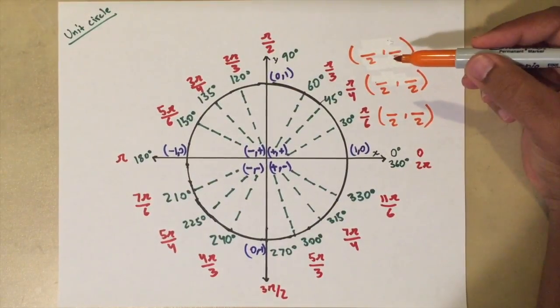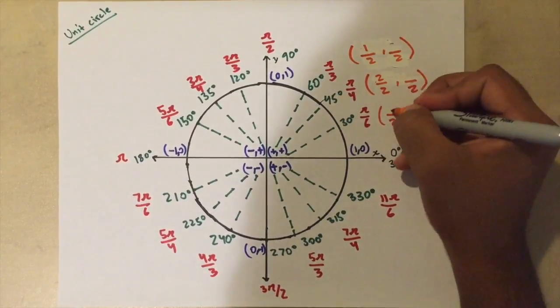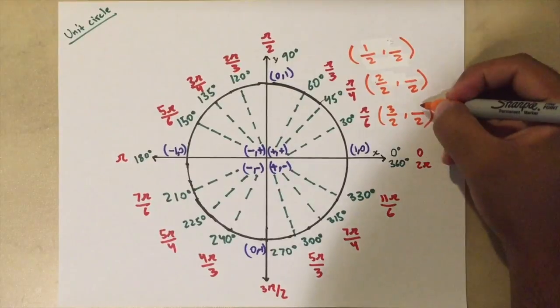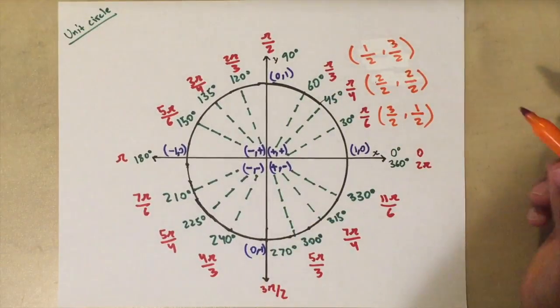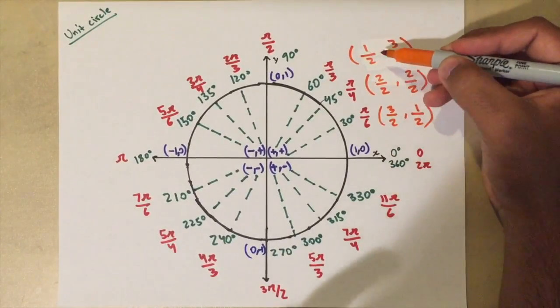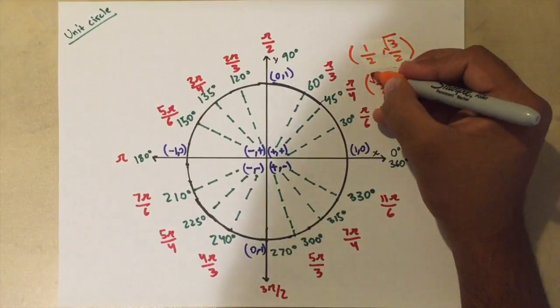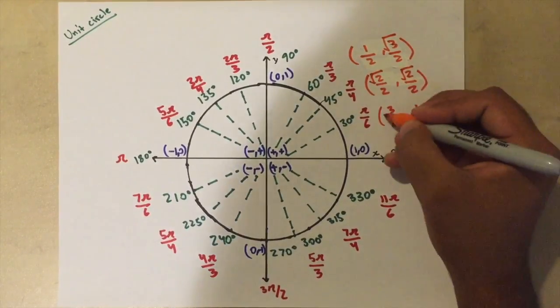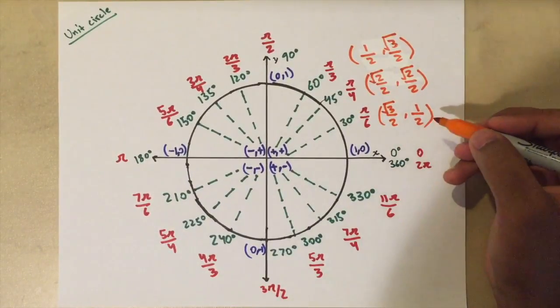And what you do from here right now is just go 1, 2, 3 down, and then 1, 2, 3 up. And now you take the square root of all the tops. Square root of 1 is going to be 1, so you just leave it there. And we're going to have square root of 3. We're going to have square root of 2, square root of 2, square root of 3, and square root of 1. And once again, it's just 1.